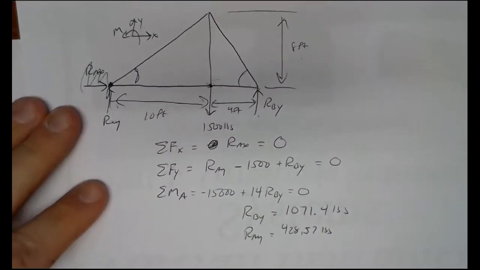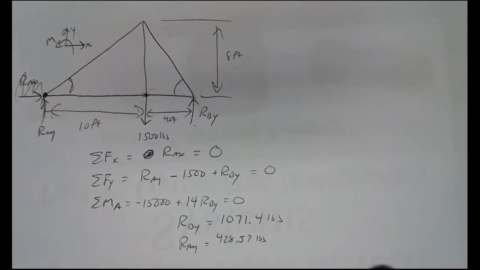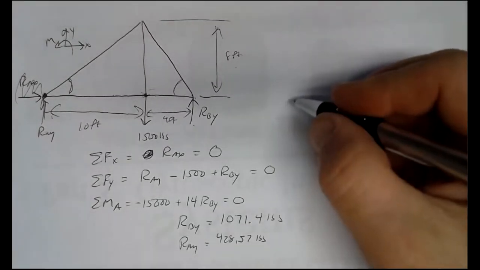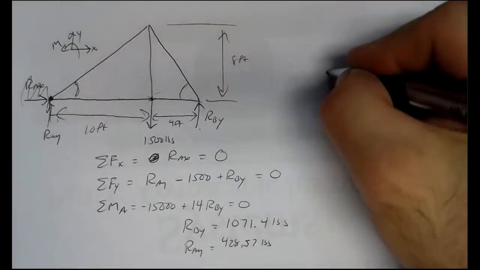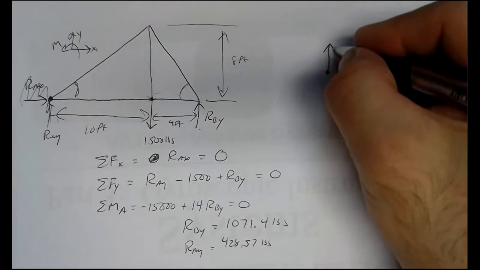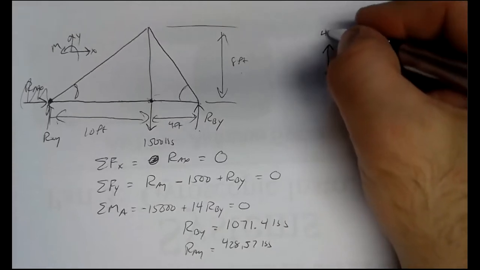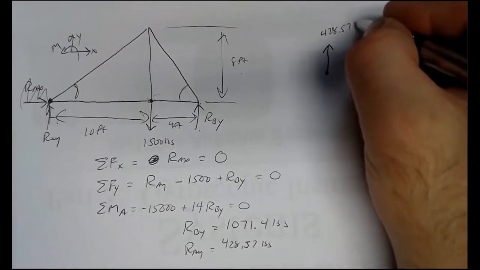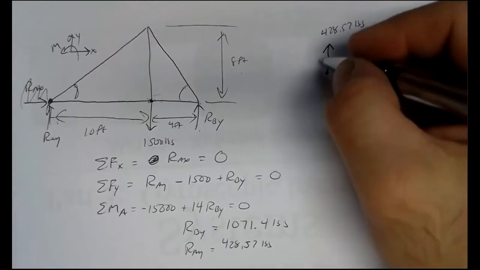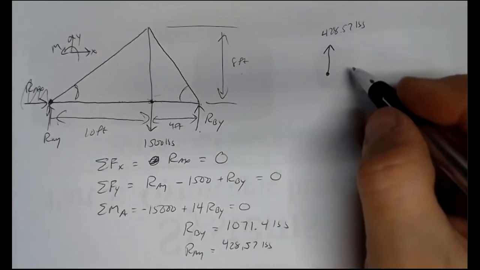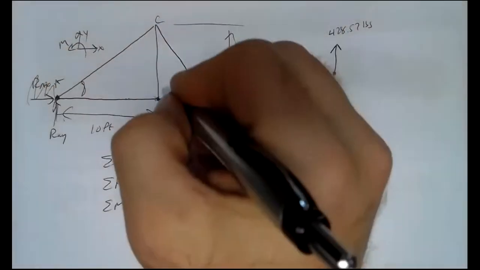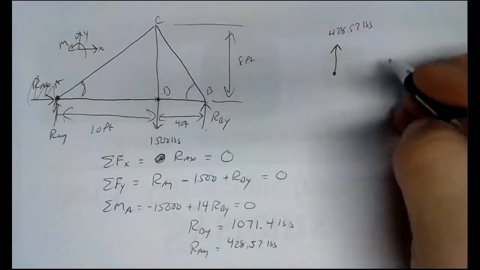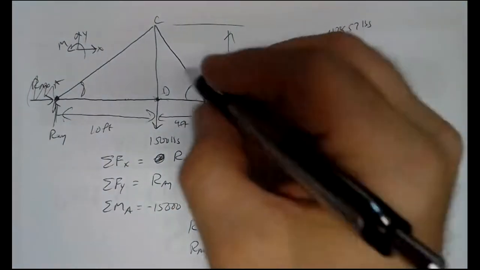Let's start with A. So let me see if I can put that off to the side so we can keep that free body diagram on there. So let's start with A. If we draw the free body diagram of joint A, I have RAY pushing up, and RAY was 428.57 pounds. We have, let's see, this was A, C, B, and D. So we have two other forces here.